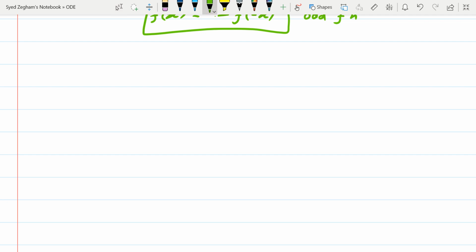Remember, when you are finding the Fourier series, the formula is a naught divided by 2 plus summation a n cosine n pi x by L, plus summation b n, same thing with a sine.